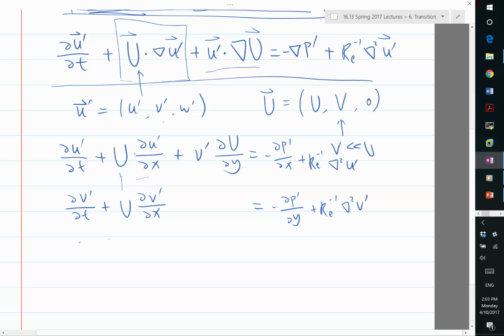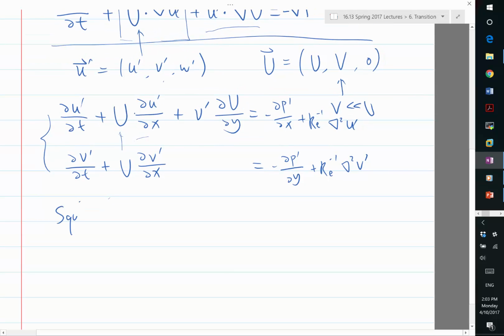So we can actually ignore the equation in the spanwise direction, in the W direction, because there is this theorem called Squire's theorem that says if we are interested in the fastest growing instabilities, then it has to be only 2-dimensional waves.